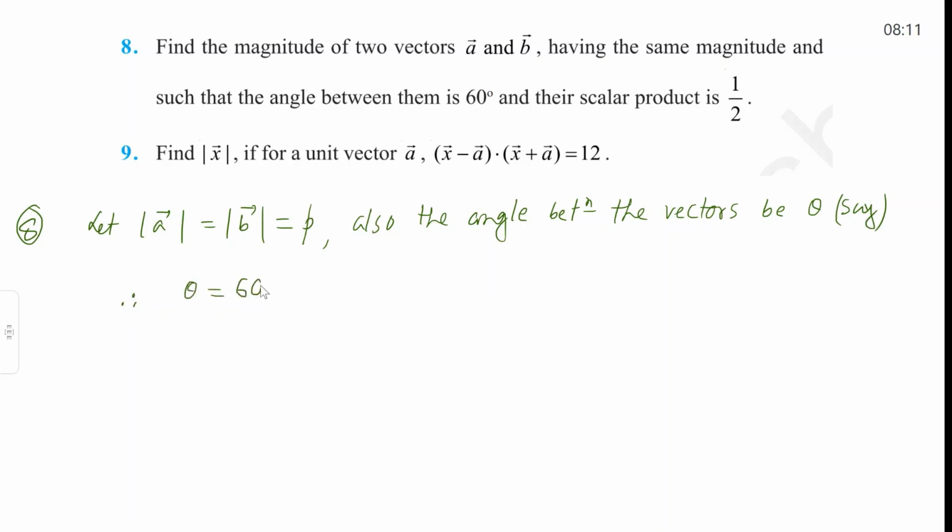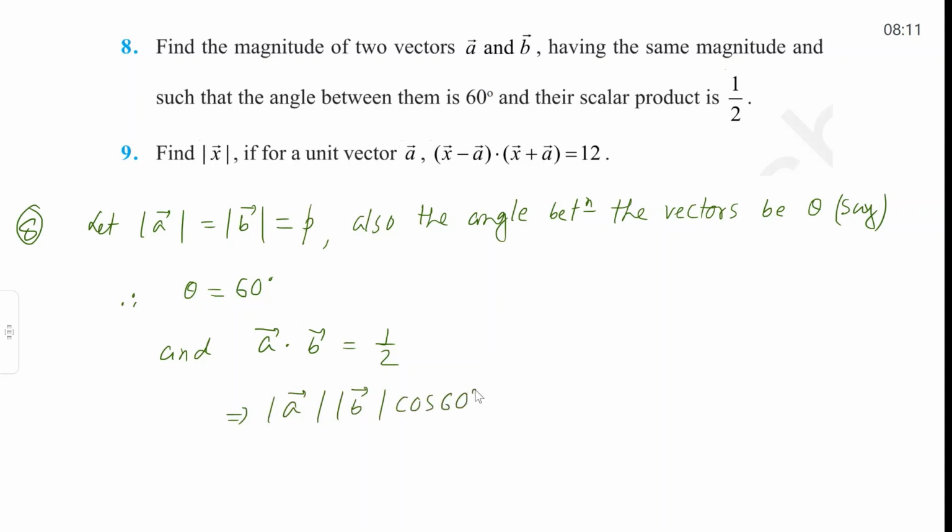It is given in the question, and the dot product a bar dot b bar is equal to 1 by 2 only, and a bar dot b bar is simply mod a into mod of b into cos of theta. Theta means 60 degree.